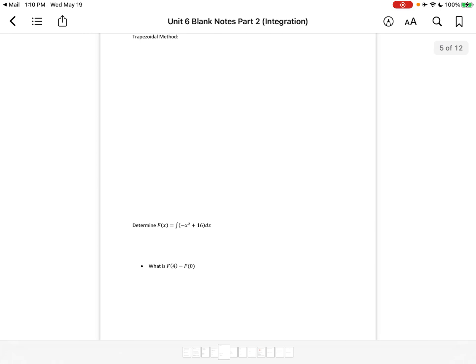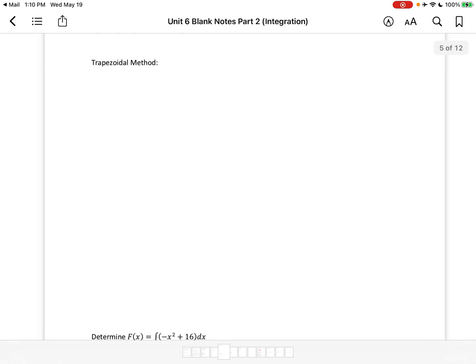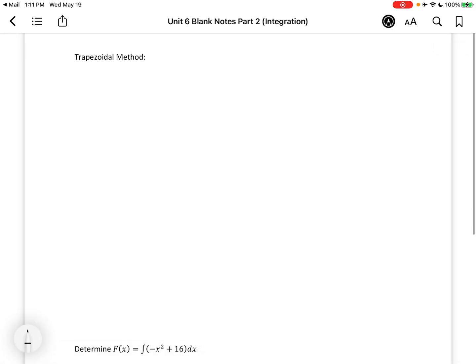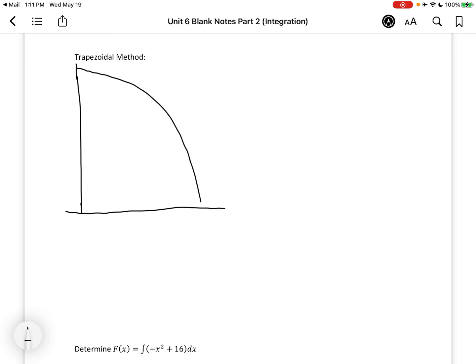Okay, and to use the trapezoid method, essentially what we do is this. Okay, so I'm going to draw it one more time. I lied, this is my second to last time of doing this. There's our 16 and 1, 2, 3, 4.